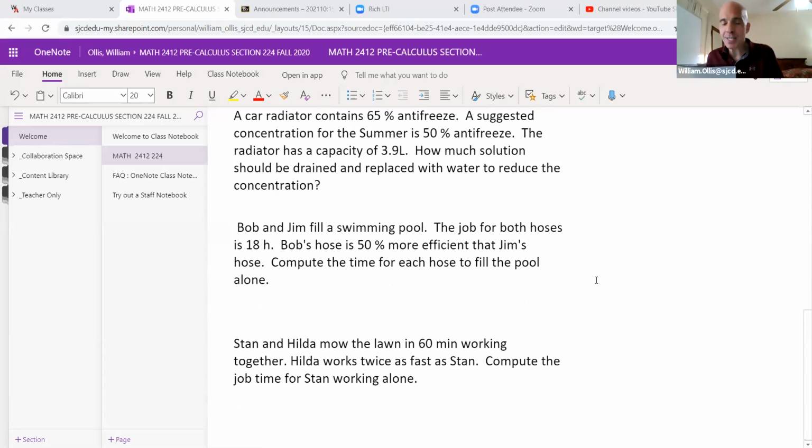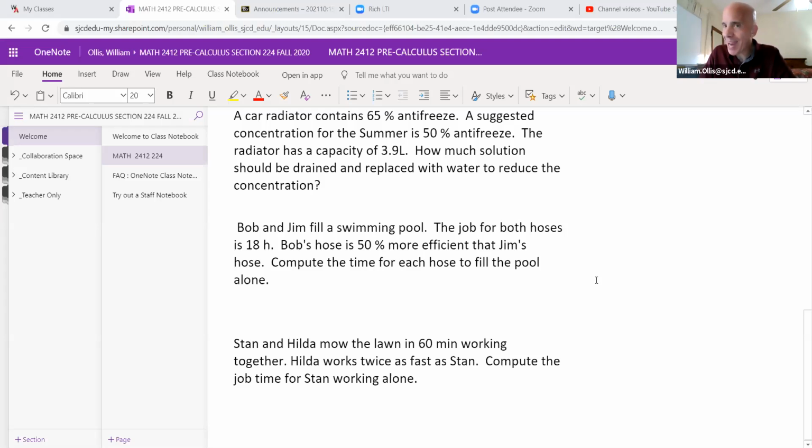What I did was I saved the fraction of work to last because the technique is easier and the arithmetic is trivial. So now when you do this problem, you're going to find this to be a walk in the park. So if you look here, we're going to do Bob and Jim fill a swimming pool. Then it says the job for both hoses is 18 hours.